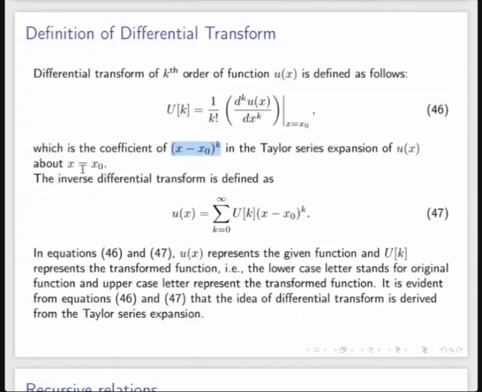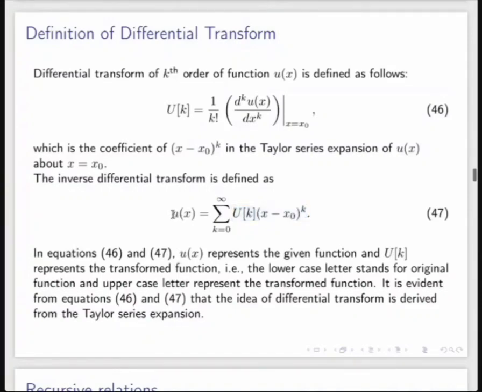And the inverse differential transform is defined as u of x equals the sum of u of k times x minus x naught whole power k. And if you see equation 47, with u of k being the Taylor coefficient, it's nothing but the Taylor series expansion of u of x.